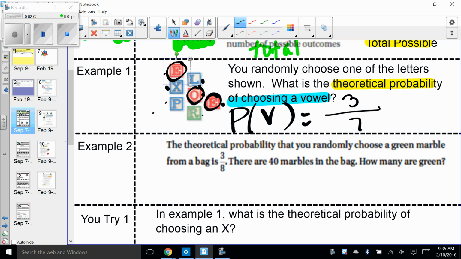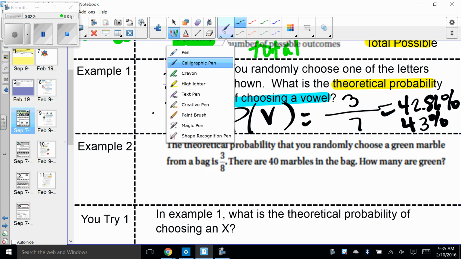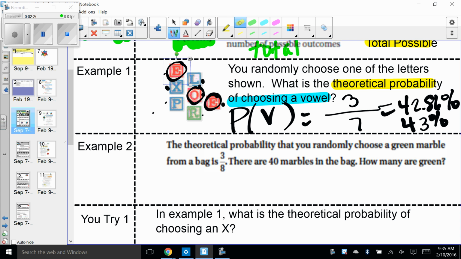That is our probability, but in my class, I'm going to ask you to convert to percent. So we're going to divide, 3 divided by 7, multiply by 100, or you can go T-table cross products on it, your choice. So 3 divided by 7 multiplied by 100. And I get 42.86% if we round to the hundredths like it's a money problem. Some of you maybe have just went right to 43% as well. I'm cool with either answer. I'll go ahead and highlight the 2 answers I will accept.